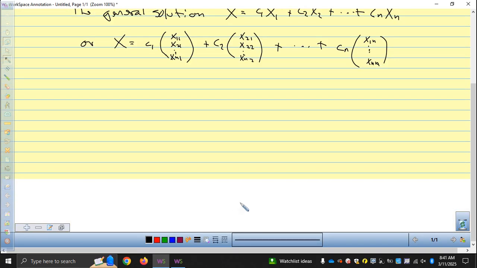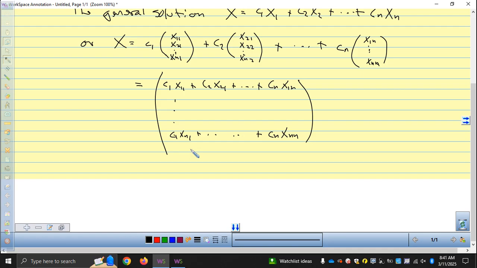Now we're going to rewrite this in a slightly different form. I'm just going to add all of these column vectors together and write one big matrix. So this would be c1 x11 plus c2 x12 plus up to cn x1n, and I'm going to go all the way down to the last row, c1 xn1 plus over to cn xnn. And we're going to write that as one big column matrix with these all added together as each of our rows.